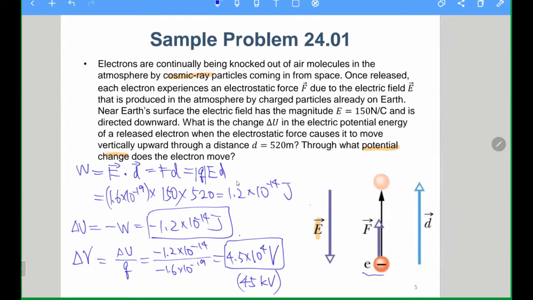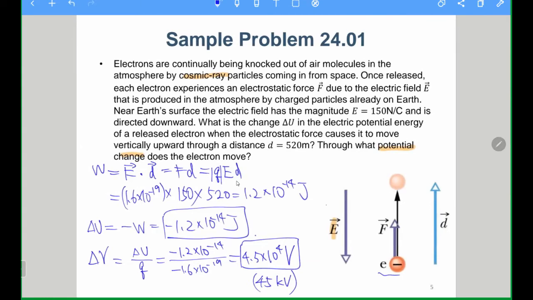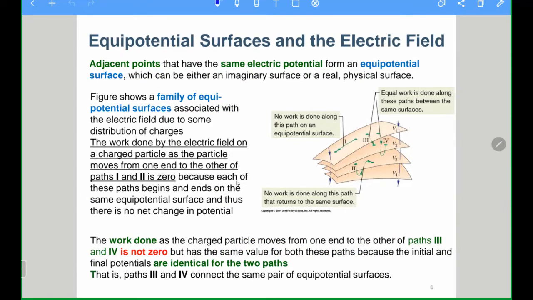Okay, I think this sample problem is quite simple, so let's move on to the next point. So here we will introduce the equipotential surfaces and the electric field. It says that adjacent points that have the same electric potential form an equipotential surface, which can be either an imaginary surface or a real physical surface.